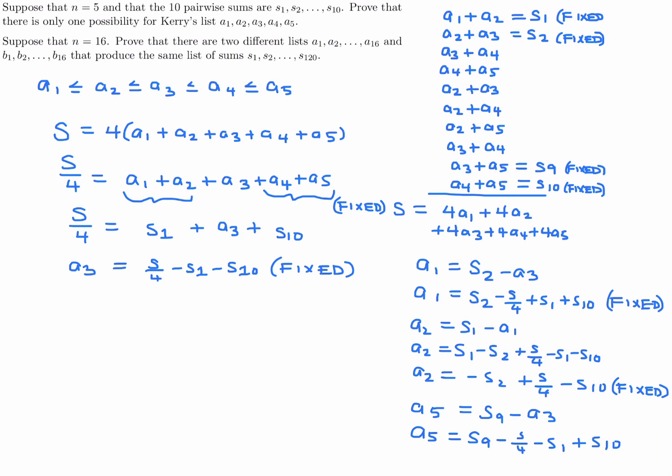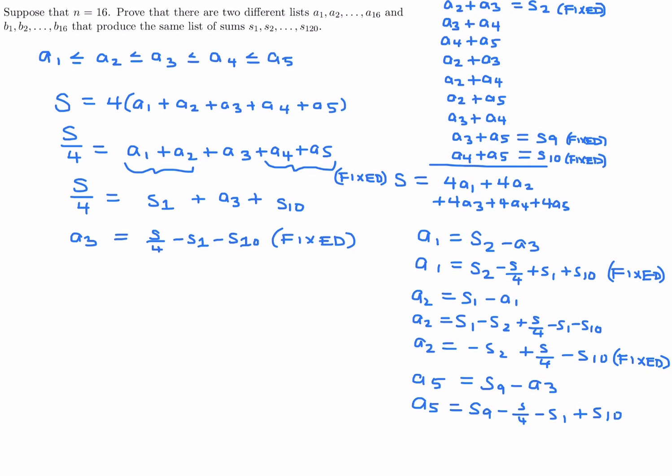And finally, you'll be able to get something similar for A4. That's going to be S10 minus A5. And when you crunch out that, you will get minus S over 9 plus S over 4 minus S1, because the S10s will cancel.